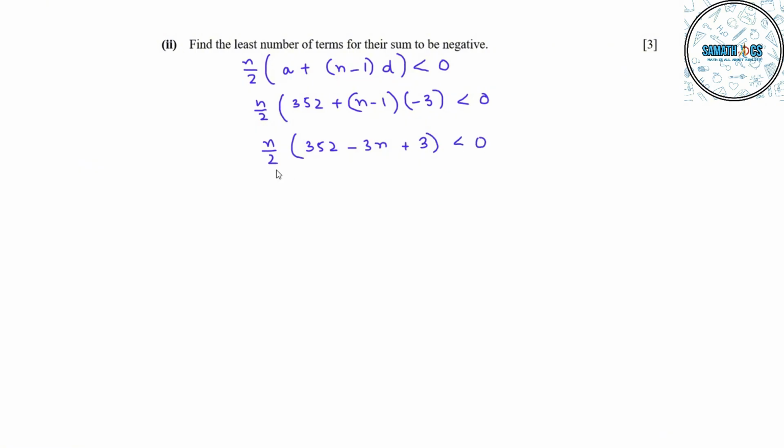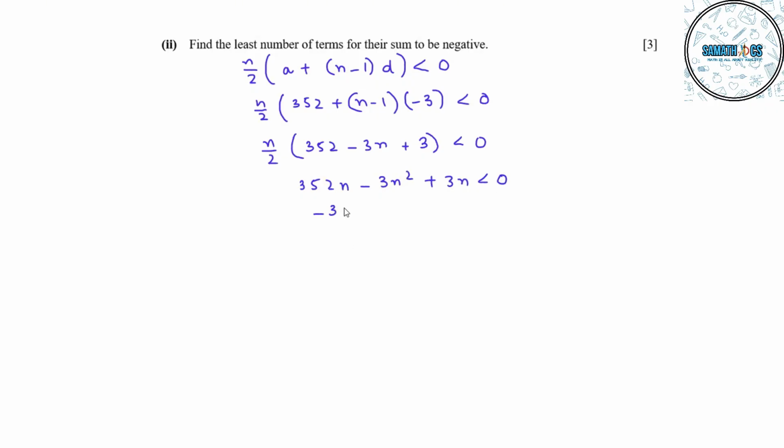We will multiply this 2 by 0, so this will become 0. And we will multiply n by the bracket, so this will be 352n minus 3n squared plus 3n is less than 0.